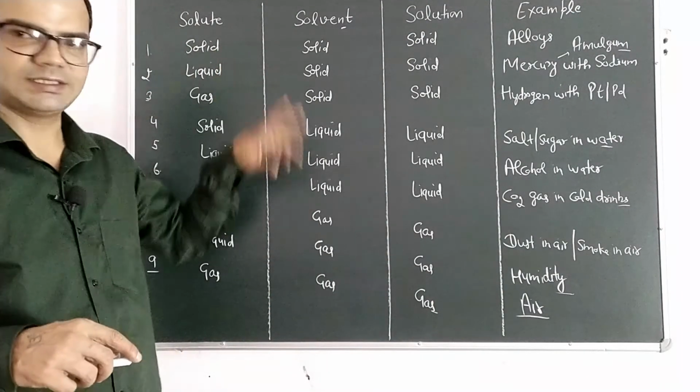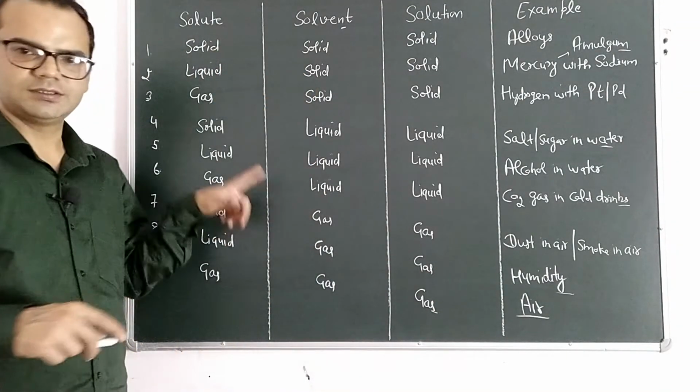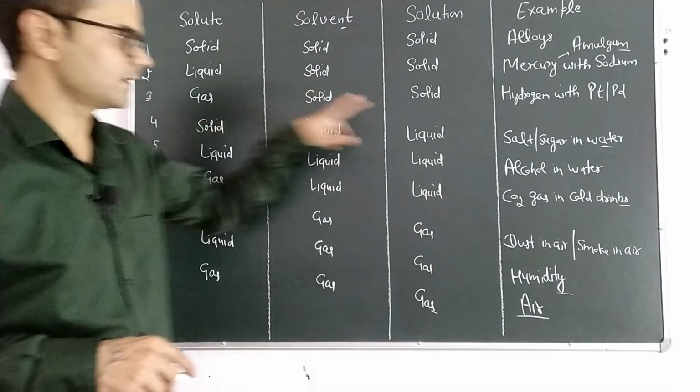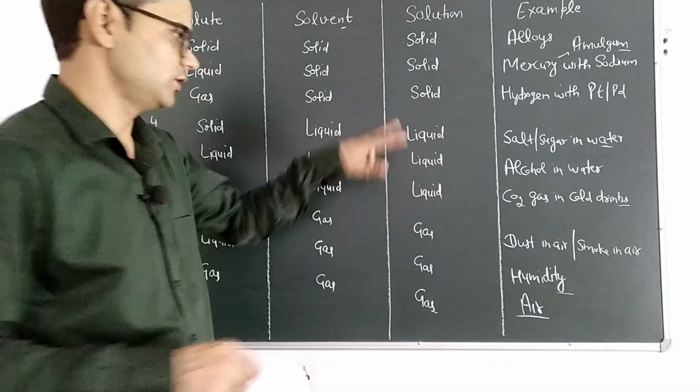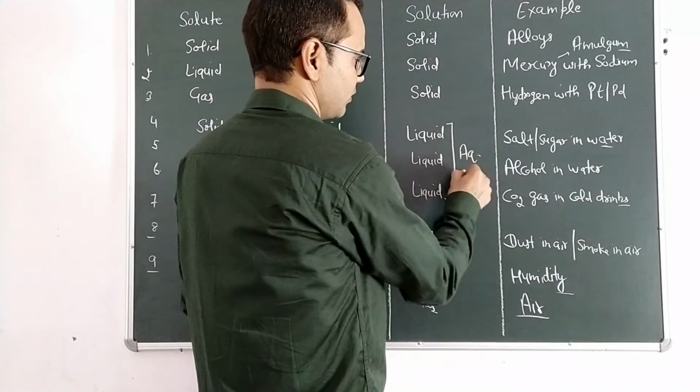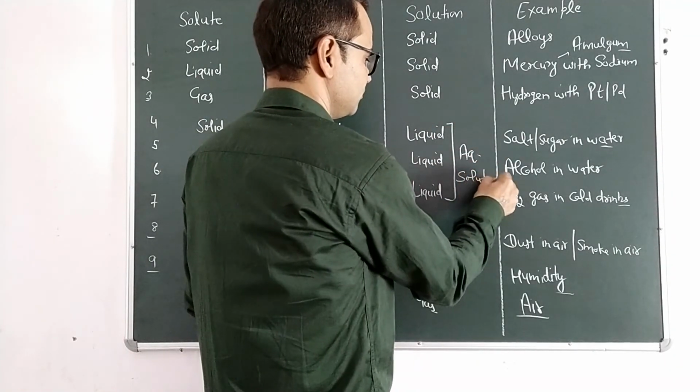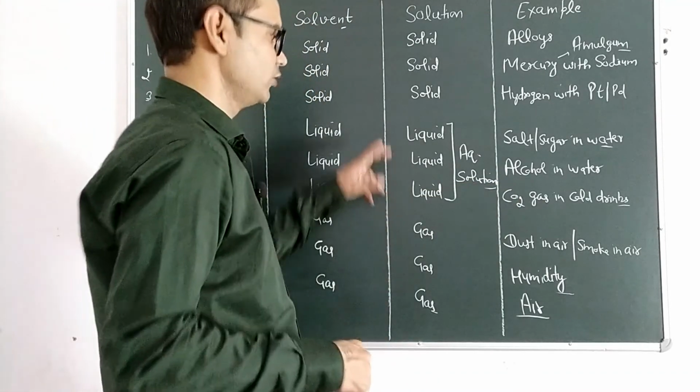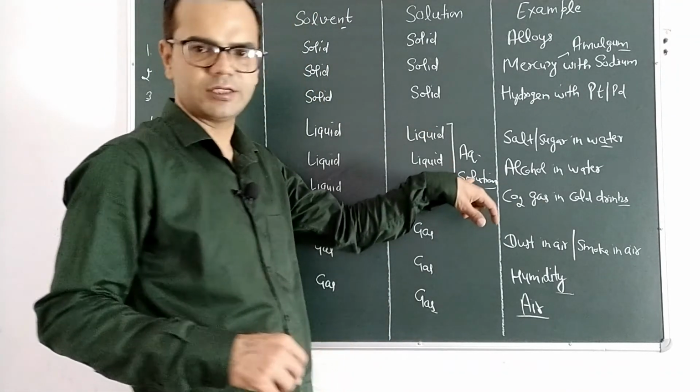So on the basis of physical state, we have 9 types of solution. Out of these 9, 3 are of a liquid nature. These 3 solutions are called aqueous solutions. Whenever a solution's nature is liquid, it is called an aqueous solution.